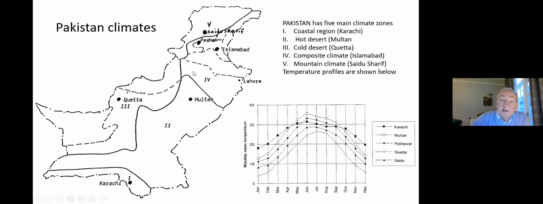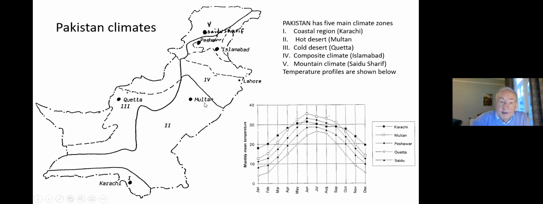You'll see 5 areas basically. One down here on the coast, labeled 1, is a coastal region, more or less similar to the climate that we have where we are now.